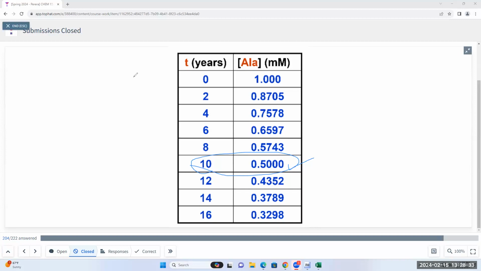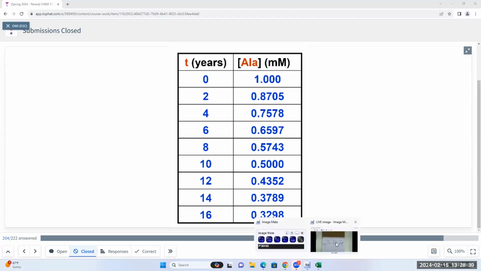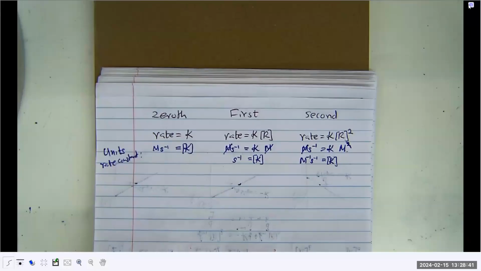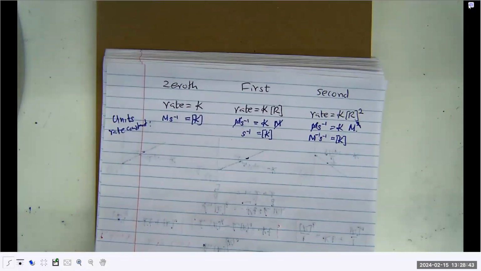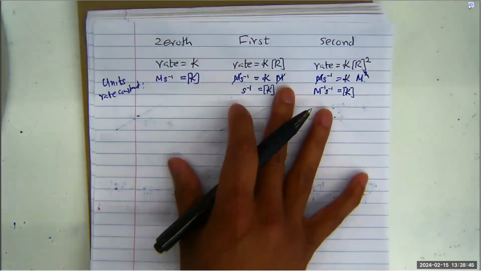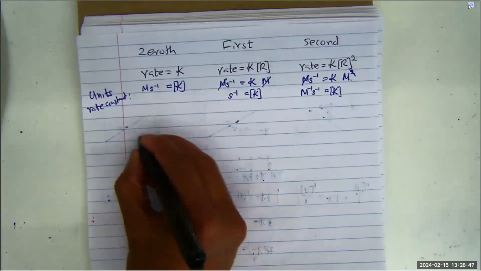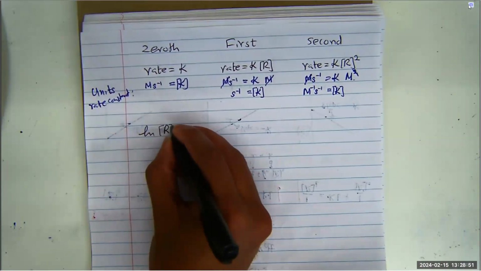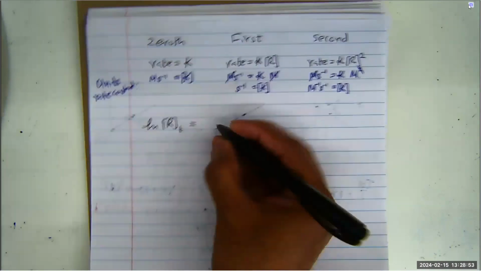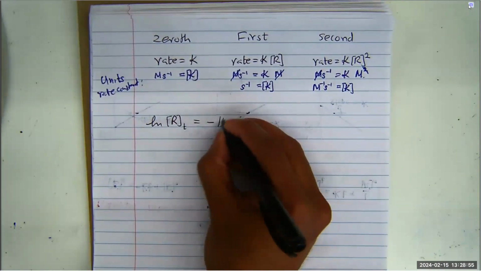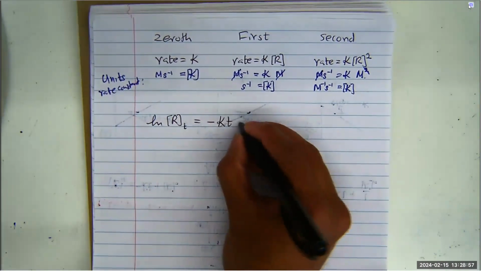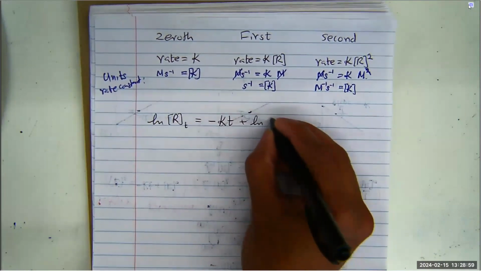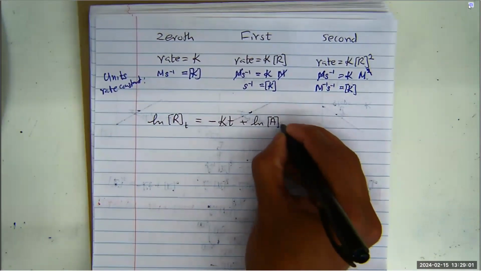I'm going to clear my doodling first over here. Some of you already did that. So we know for the first order reaction, ln of reactant concentration at time t is equal to negative kt plus the natural log of the initial concentration.